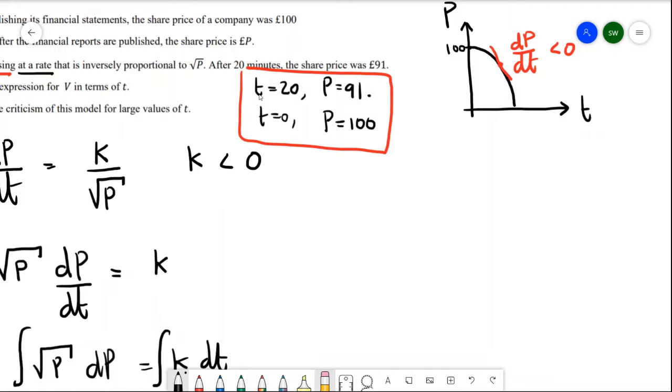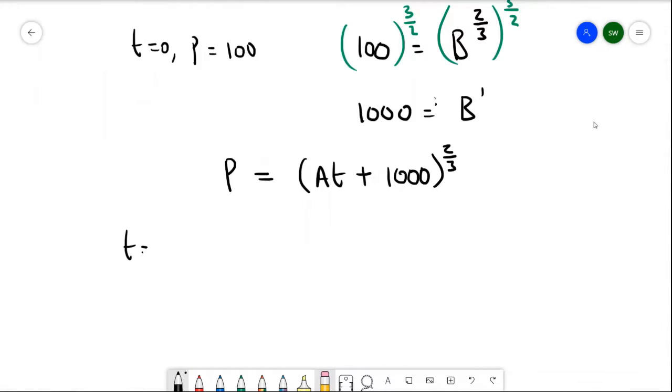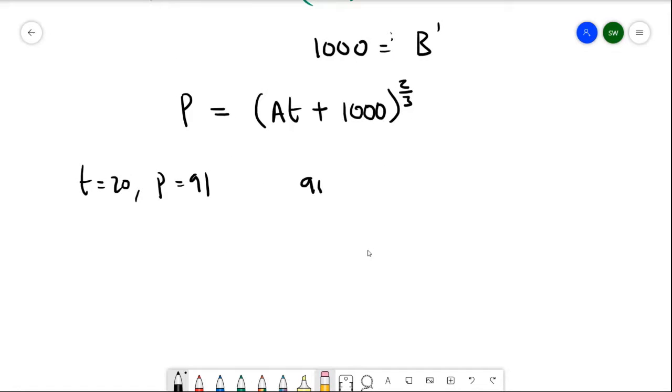Finally, I'm going to use the fact that when t equals 20, P equals 91. So we're going to have 91 equals (20a plus 1000) to the power of 2/3.